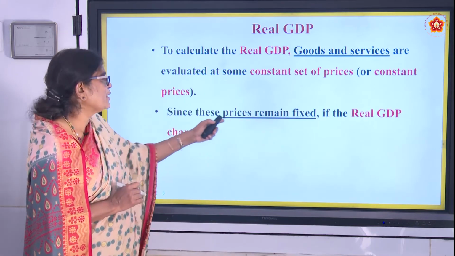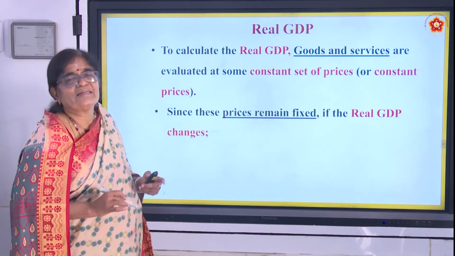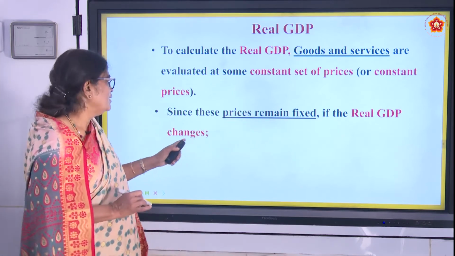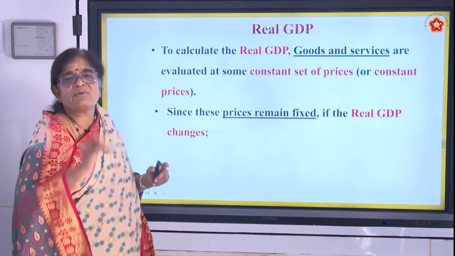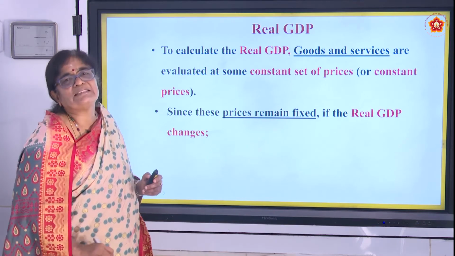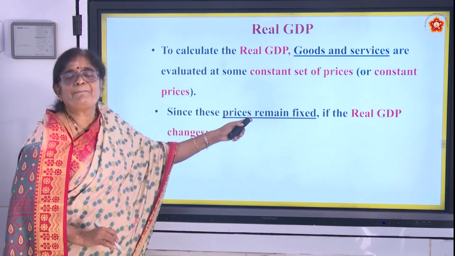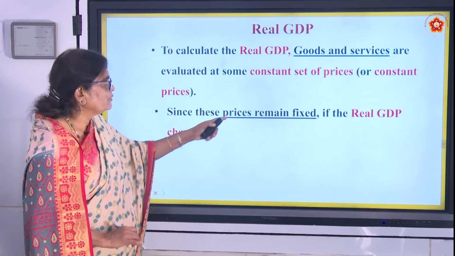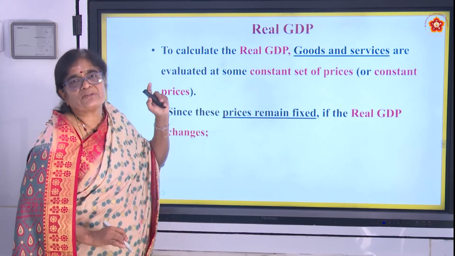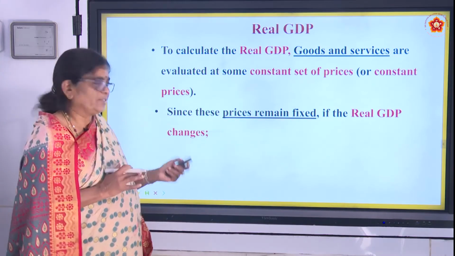Since these prices remain fixed, if the real GDP changes, what is changing? Only the volume of production changes, because we keep prices fixed, not the changing current prevailing prices.